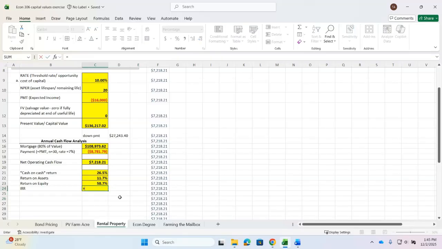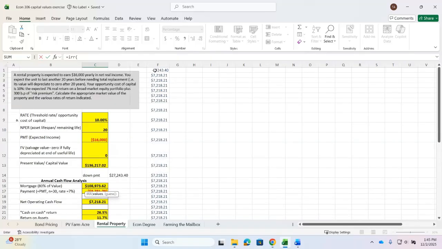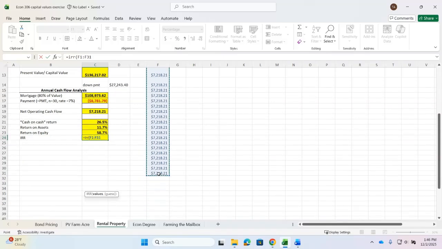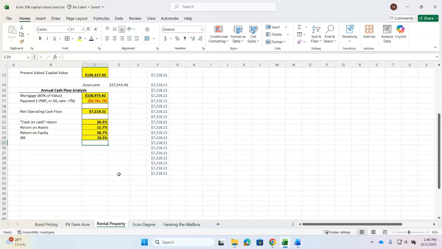So for our internal rate of return, IRR, the way this works is you just select that entire range, and they have to be contiguous, stacked on top of each other, comma. And then the guess is just, this is an iterative process, so it wants an interest rate to start with. Well, the IRR here is probably going to be pretty close to the return on assets. So let's just say 10%, 0.1. And is that right?